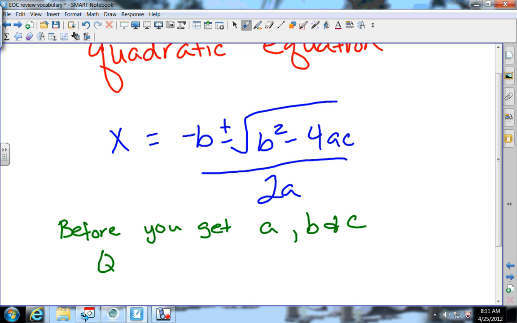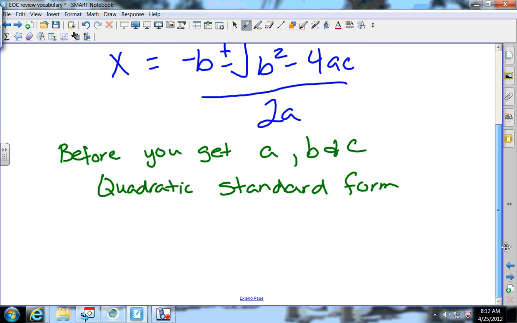What is the quadratic standard form? Before we could solve anything in the quadratics to find the roots and zeros, it had to be set equal to 0, which for the quadratic was ax squared plus bx plus c equals 0.